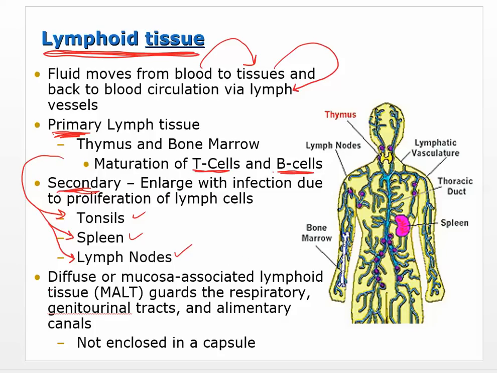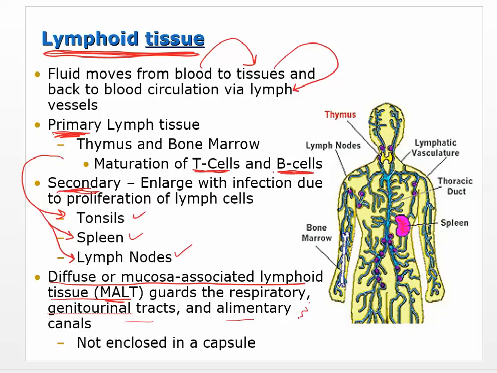Okay, now we also have some other protective lymph tissue. It's called diffuse or mucosa, meaning mucous membrane associated lymphoid tissue, or MALTs. Now what these do is they don't have a capsule, so that's why they're called diffuse, and they guard the respiratory, genitourinary tracts, alimentary canals, anywhere where there are mucous membranes and there's a vulnerability to infection.